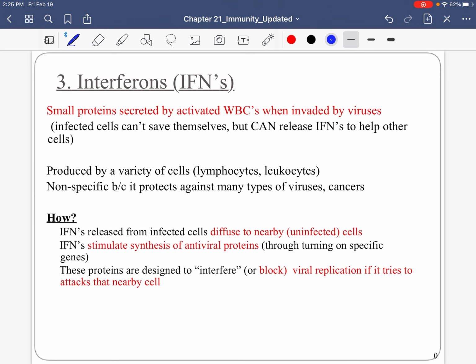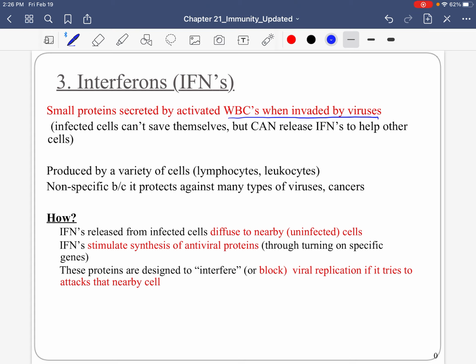All right, interferons. Look, I've put in red the most important things you should be reviewing. Really clear. Good. So these interferons are small proteins, but they're small proteins that are secreted by a white blood cell when that white blood cell has been taken over by a virus. This is cool, right? Yes. So sometimes a white blood cell is invaded and taken over by a virus. I mean, that's what viruses do, right?